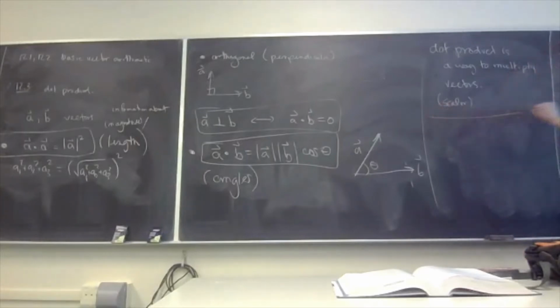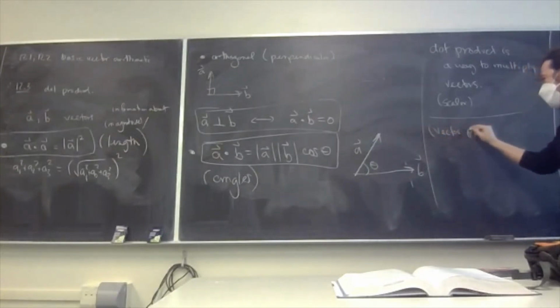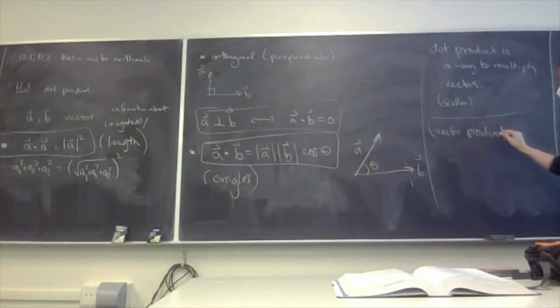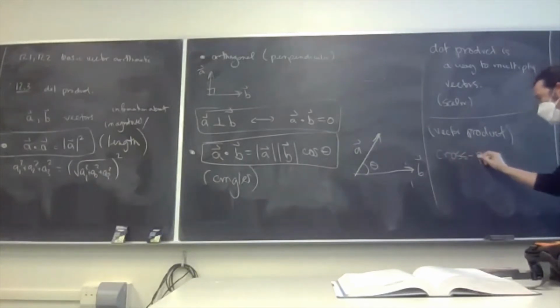So it turns out there's another way to multiply vectors. So there's a vector product. And the way the book motivates the vector product is kind of lame. It says, look, we'd really like to be able to produce an orthogonal vector from existing vectors. That is not what the motivation for this was originally, which I will show you when we get there. The vector product you've probably seen before with the name cross product.